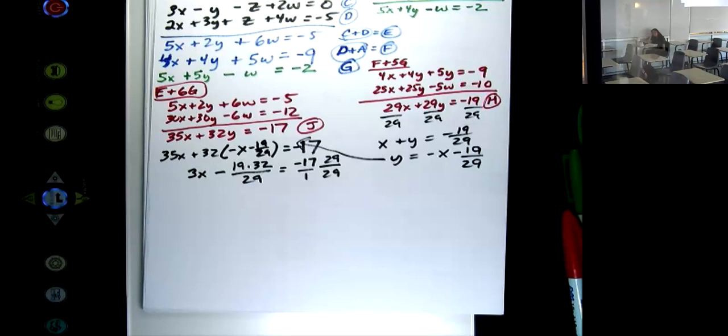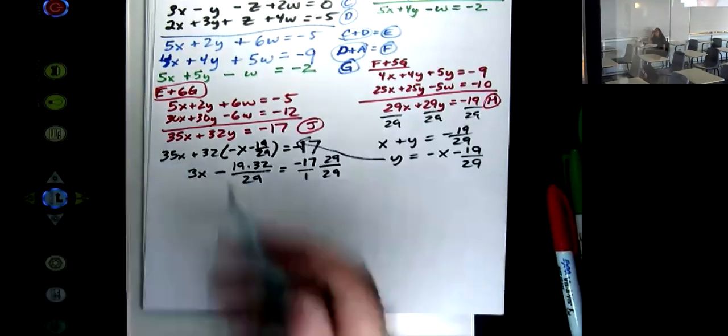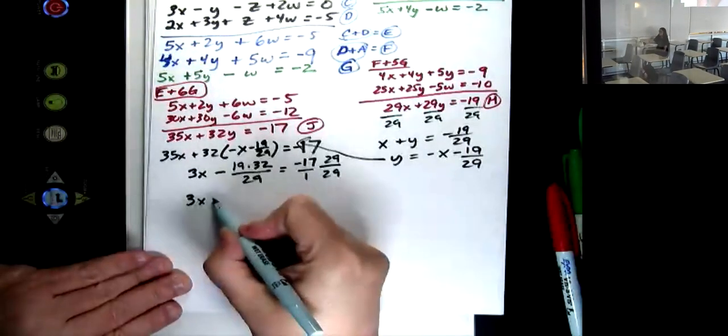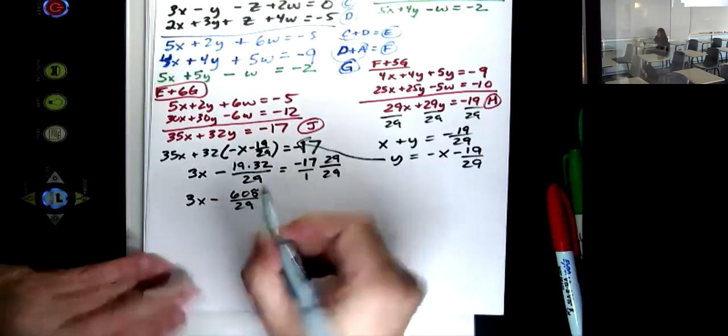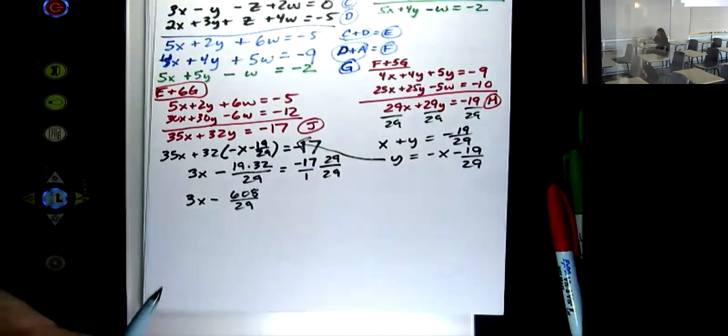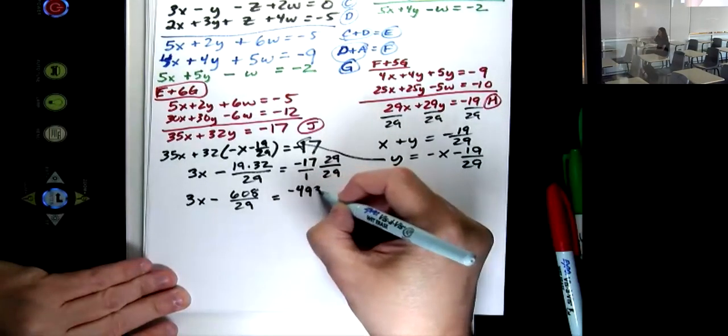So I got 19 times 32. So I got 3x minus 608 over 29. Let's do 17 times 29. Equals negative 493 over 29.